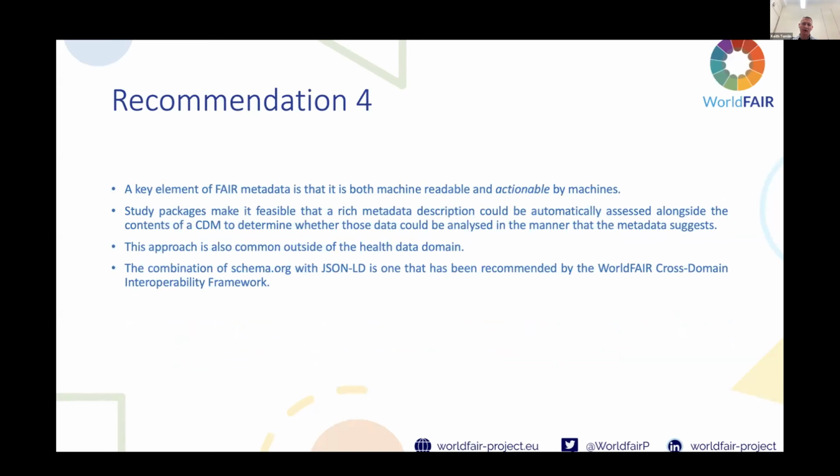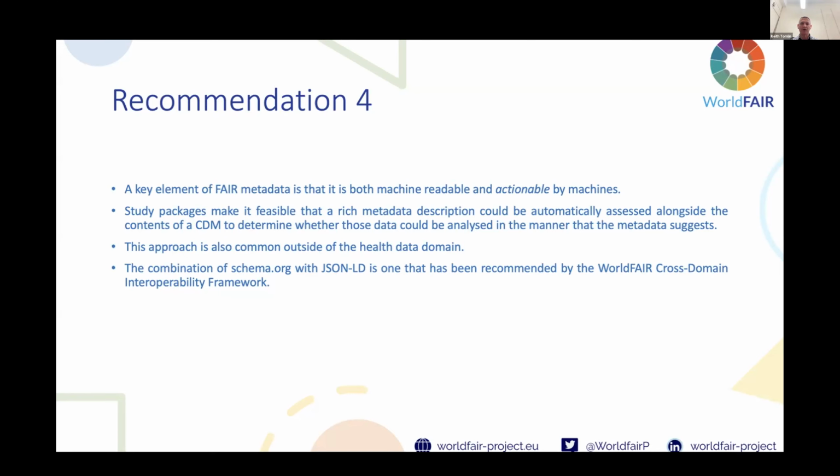So ideally, rather than metadata just being understood by search engines, it is feasible that a metadata description could be assessed alongside the contents of the common data model to determine the extent to which an analysis can take place.